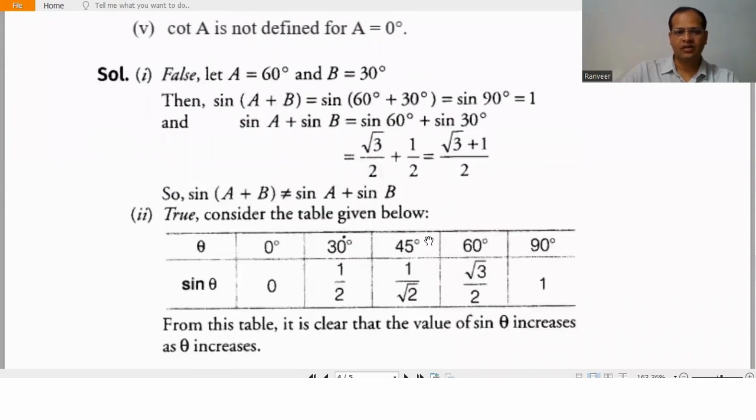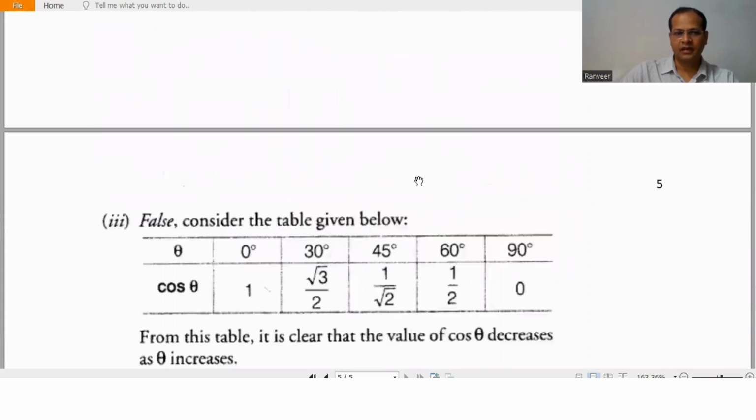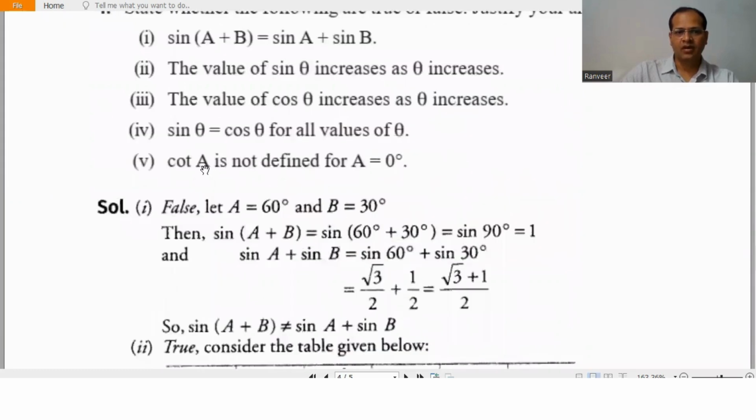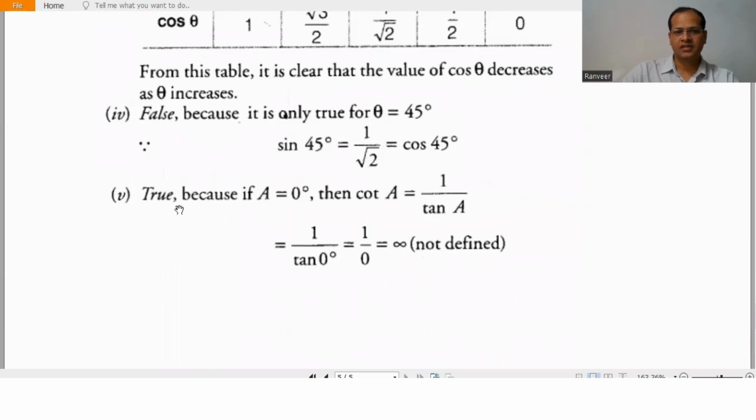No, this is wrong. Fourth, false, because this is equal only for the 45 degree. Now question number 5. cot A is not defined for A equal to 0 degree. Yes, this is true, because tan A equal to 0, that is 1 by 0 is infinity.